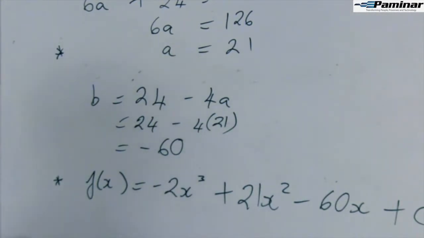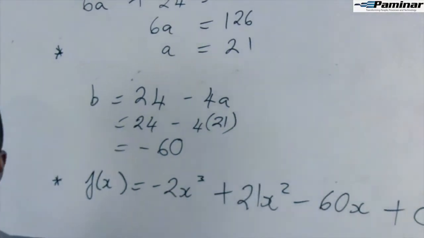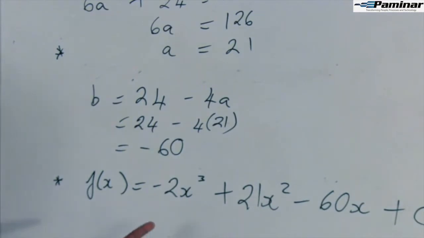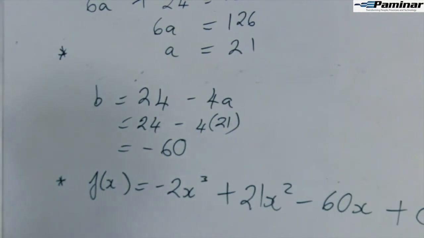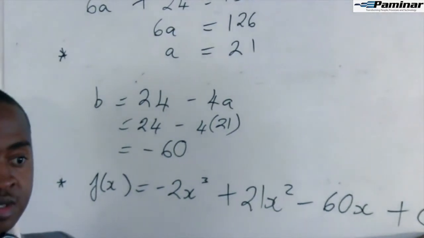It's the same as saying y is equal to minus 2x cubed plus 21x squared minus 60x plus c. If we substitute one of these points, it should work out. In other words, if we let x equal 2 and y equal negative 9, we should be able to solve for the unknown c.